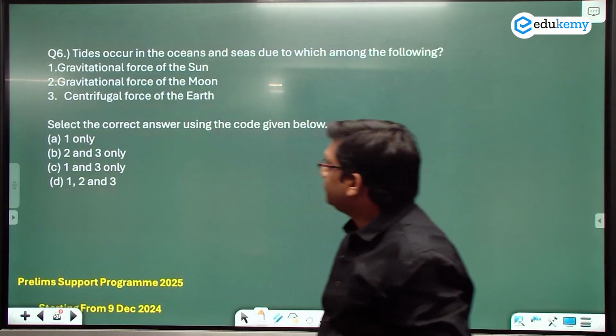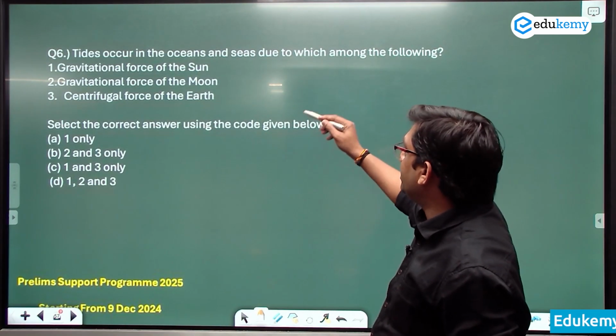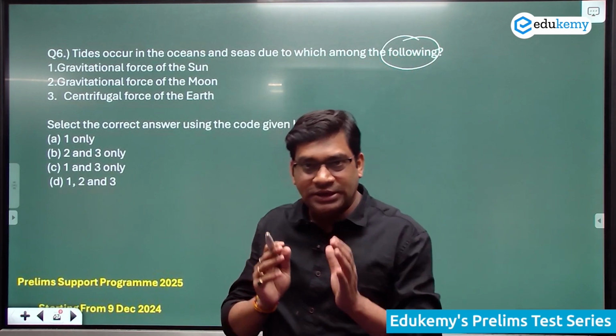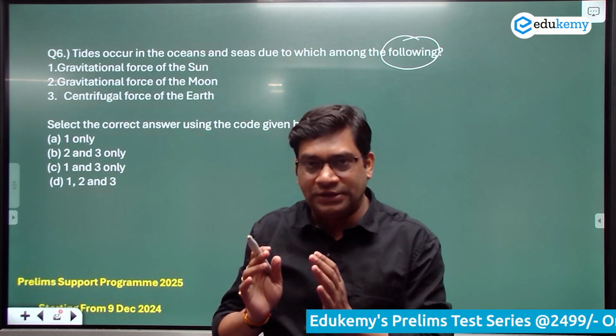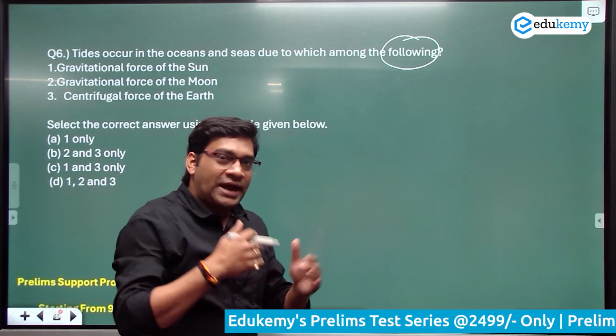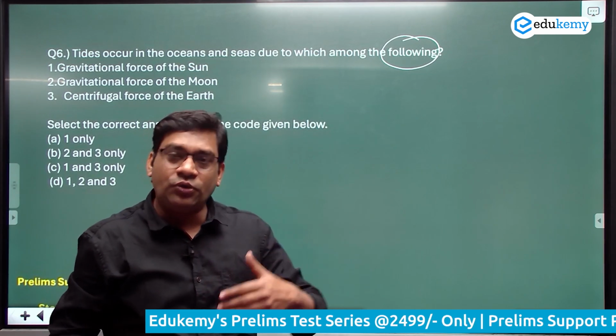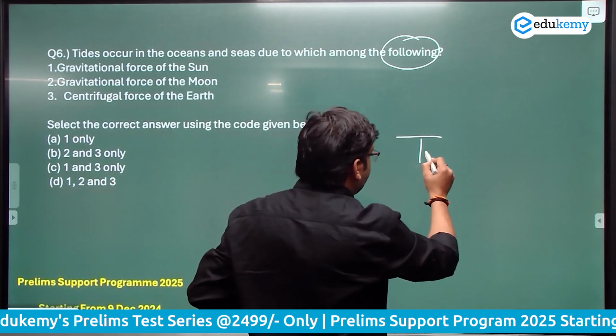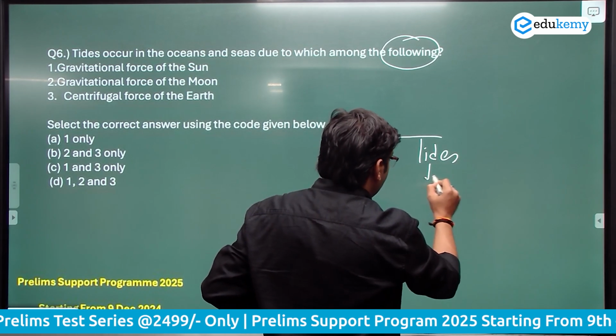Next question: tides occur in the ocean and seas due to which of the following? Very basic question. You must understand what exactly the meaning of the tides is. The periodic rise and fall of sea level, once or twice a day, we call tides, and this tide basically depends on three important factors.